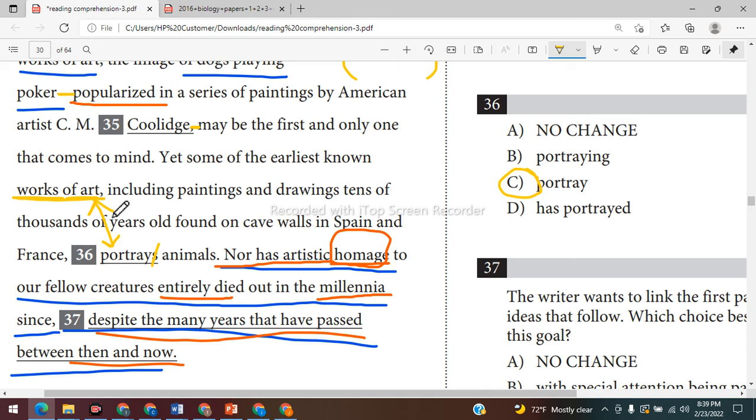So the correct answer is C. So it's, and France portray animals. Got it?